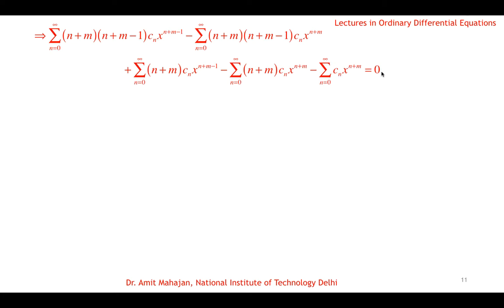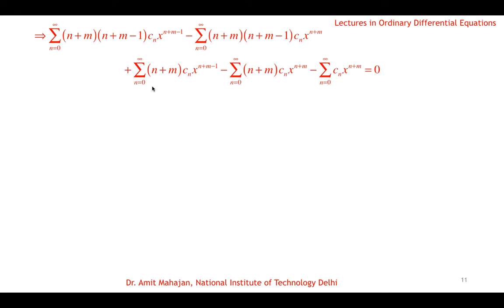Then there are two steps: the power of x needs to be the same and the starting position needs to be the same. First, the power of x needs to be the same everywhere, so we change the power. If I change it here, I have to put n as n plus 1 to make it n plus m, and then n will start from minus 1.